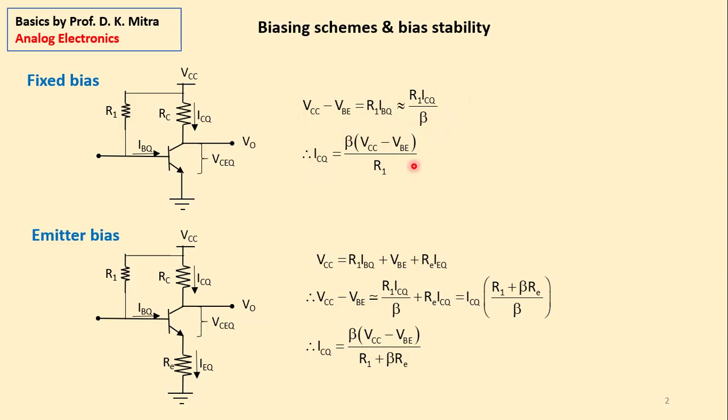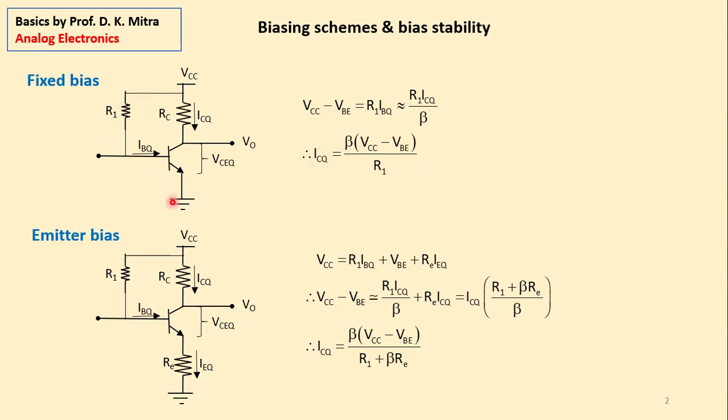The point is, in our last lesson, I explained to you that you have to decide ICQ, the quiescent collector current, looking into the transistor output characteristics as well as the load line. And once you have decided ICQ, this is the value of ICQ in this circuit.